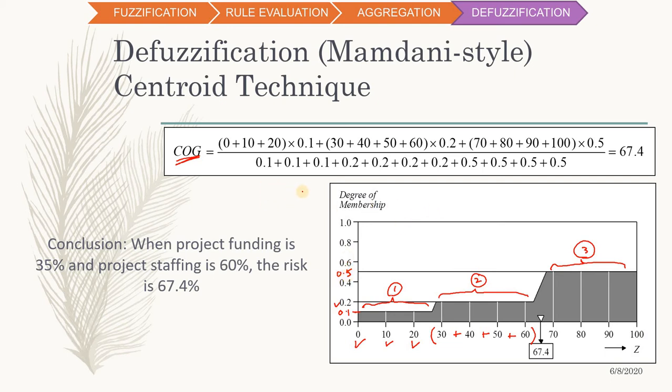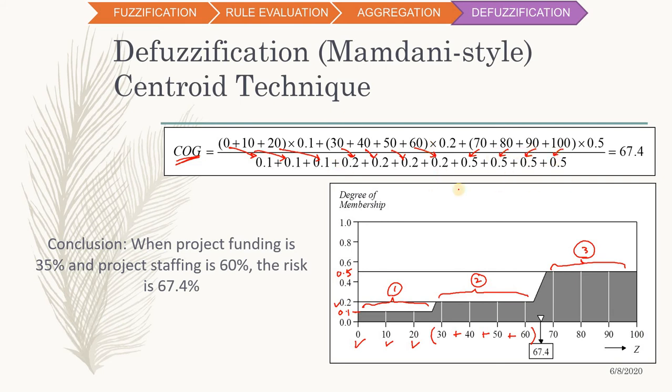Then it will divide all of this by the values of your degree of membership, depending on your universe of discourse values. So 0 is at 0.1, 10 is at 0.1, 20 is at 0.1, 30 is 0.2, 0.2, 0.2, and then 60 also 0.2. 70 is at 0.5, 0.5, 0.5, 0.5.